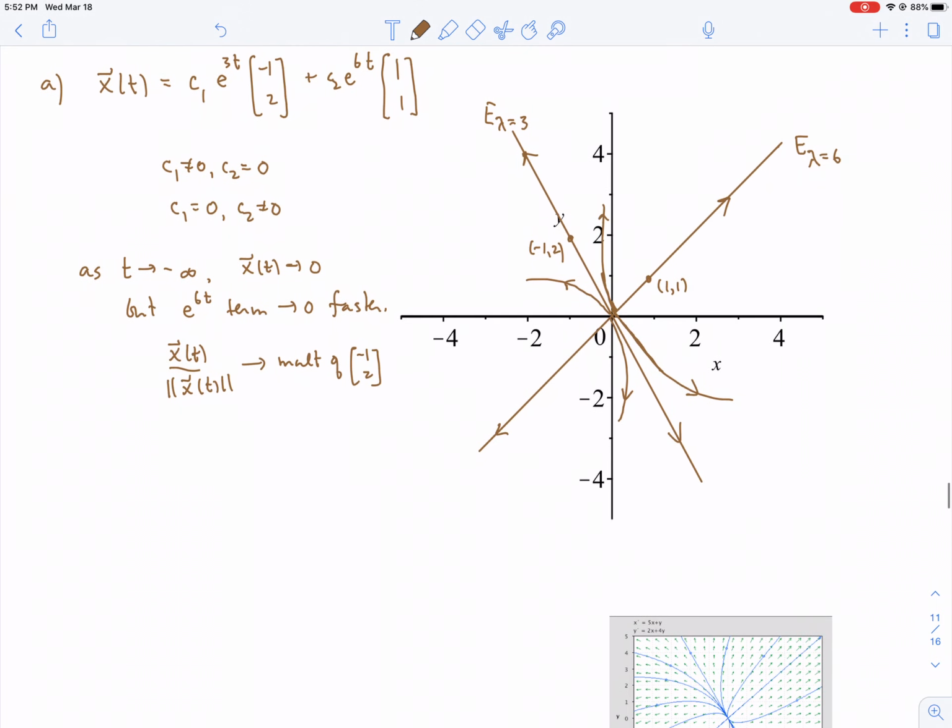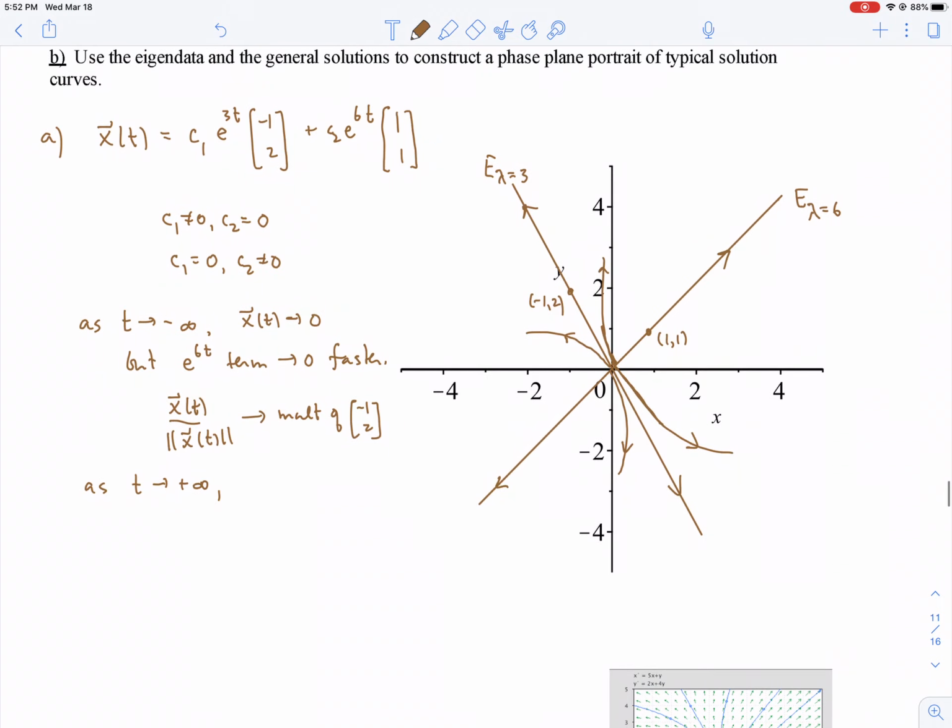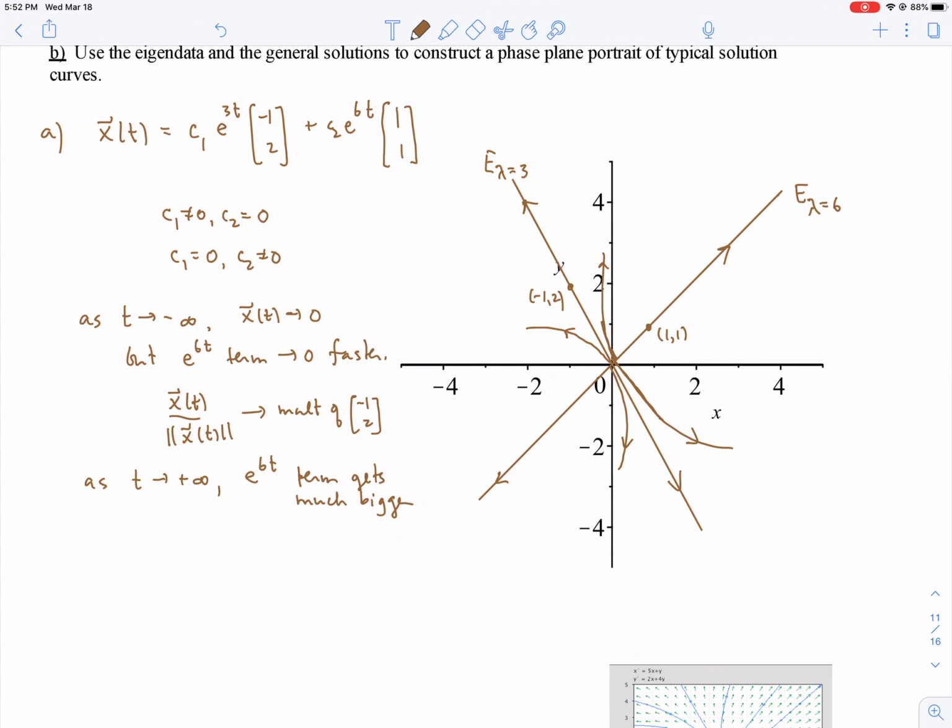Okay, now let's think about what happens as t goes to plus infinity. Well, then the e to the 6t term is growing much faster. Both terms are going to infinity, but the second one is getting bigger much faster.